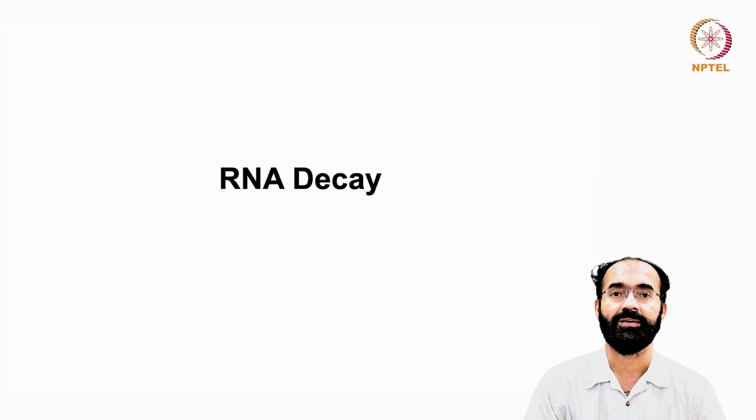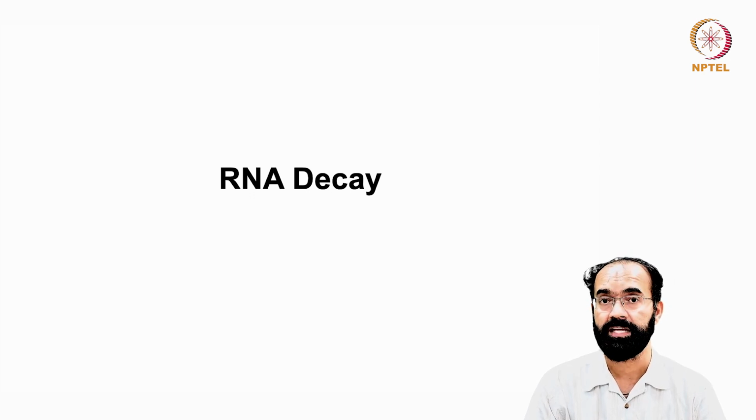That cannot happen. If there are 100 different types of mRNA in a cell at a given time, you don't want all 100 to be degraded, you want just 10 to be degraded, so the remaining 90 should stay back. So RNA destabilization is a vast topic. Lots of people dedicate their whole career to understanding RNA destabilization and RNA degradation. It is not an easy topic.